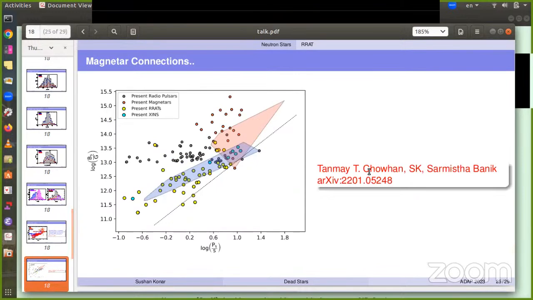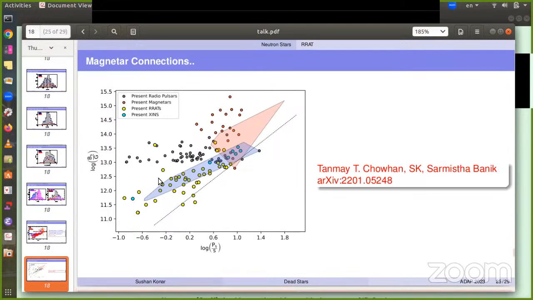Here is another paper which also has a Hyderabad connection. This is done with the student Tanmay Chauhan and Professor Sharmishta Manik from BITS, Hyderabad. And there we did evolution of magnetic fields. We did not look at population. What we did, these red dots are magnetars and the blue dots are high magnetic field radio pulsars.